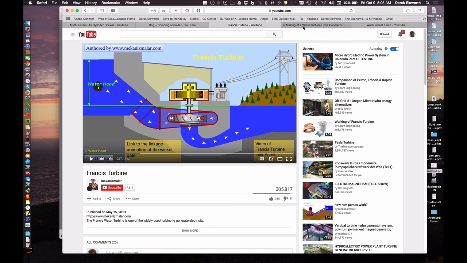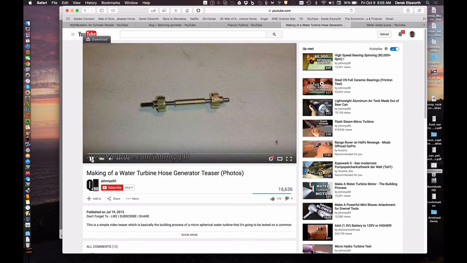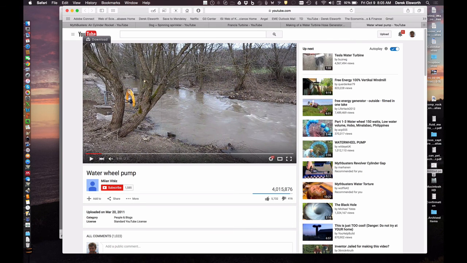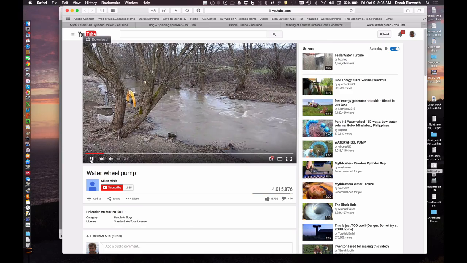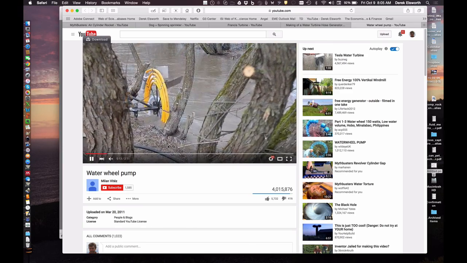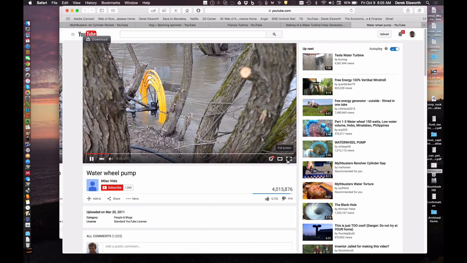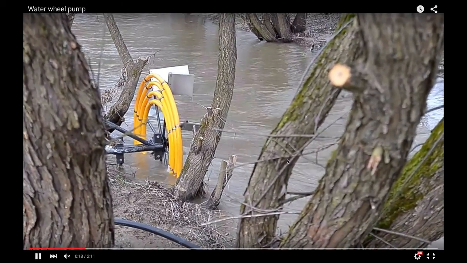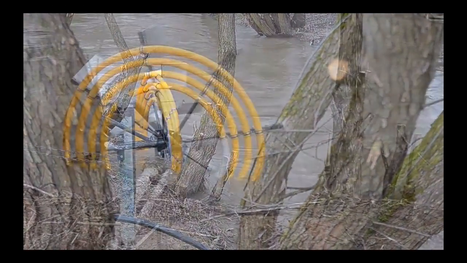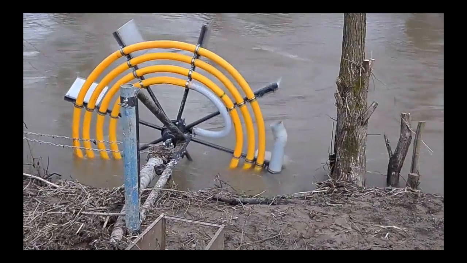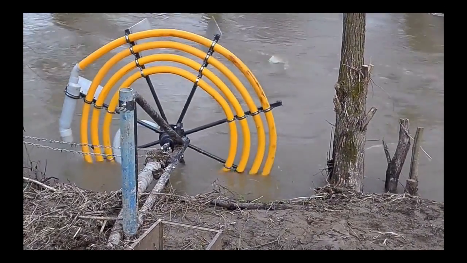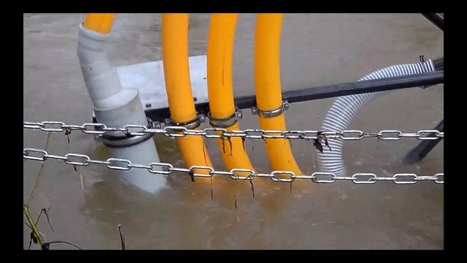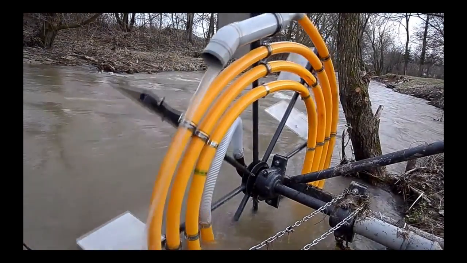Hopefully this isn't all playing in the background and overprinting my... this is kind of cool as well, since it's already half running. This is the opposite, right? This is putting work into something. Very clever, I think. Actually, the work is being done by the river flowing past it, and it just fills this pipe up with water, and it's basically a big, long Archimedes screw that allows it to be pumped into somewhere else.